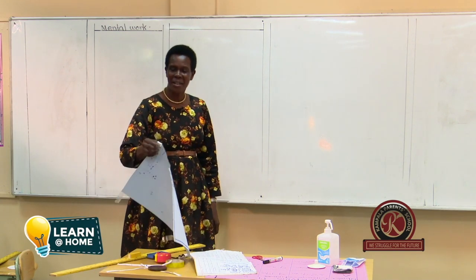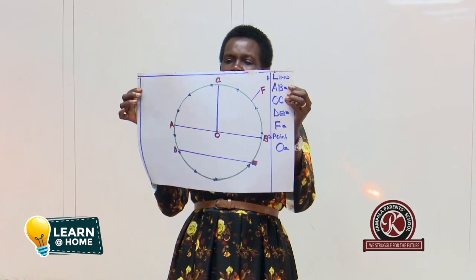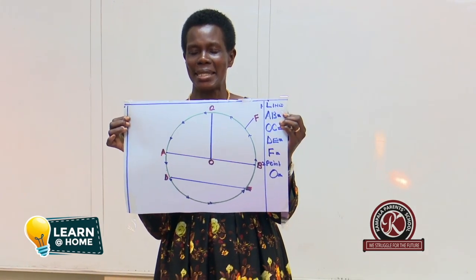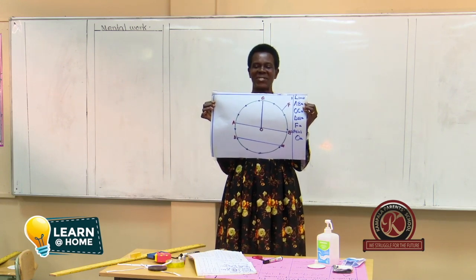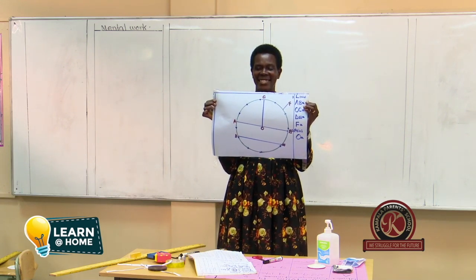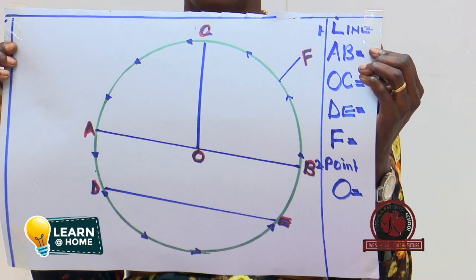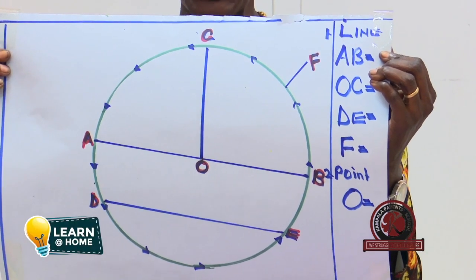How many people have written? Have you underlined that word? Name the following lines. There is somebody who has not got even a pen.